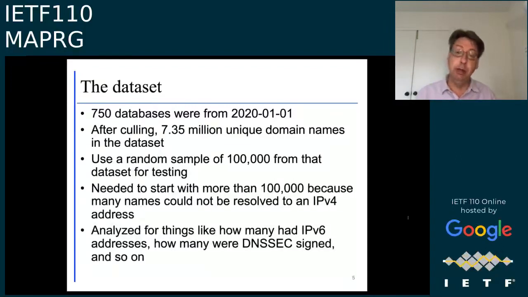I wanted to test 100,000 hosts, but many of the names are dead. So I started with over 100,000 and resolved them all, to find out which ones currently have an IPv4 address. I think I started with 150,000 and ended up with about 110,000.